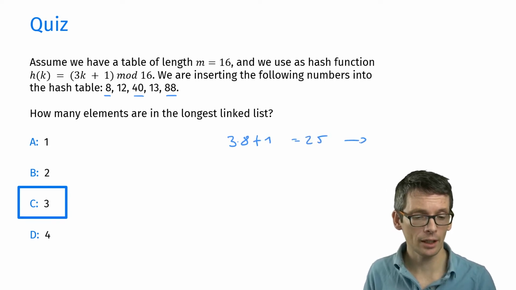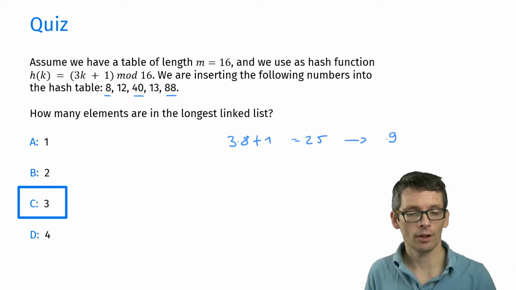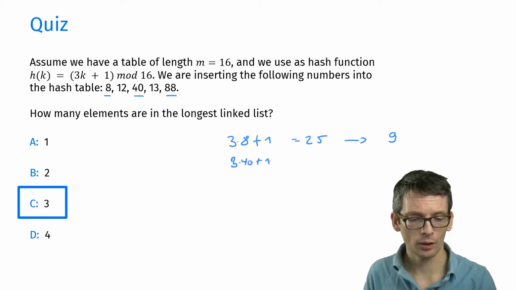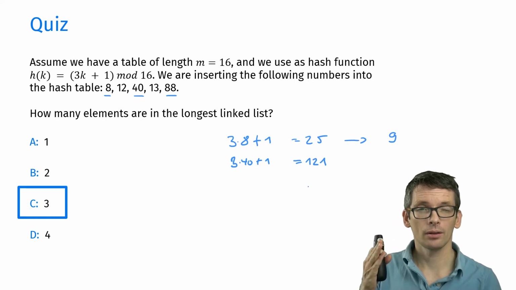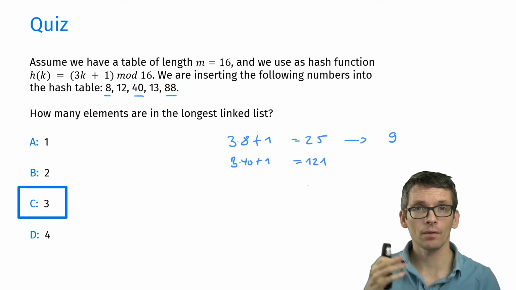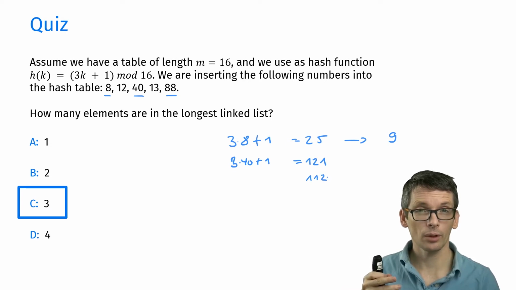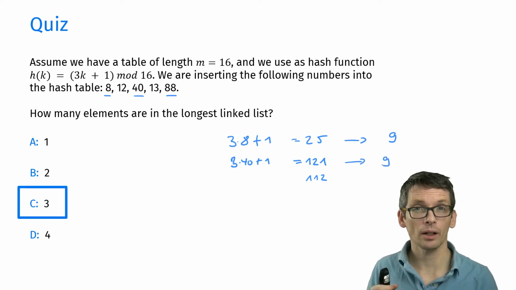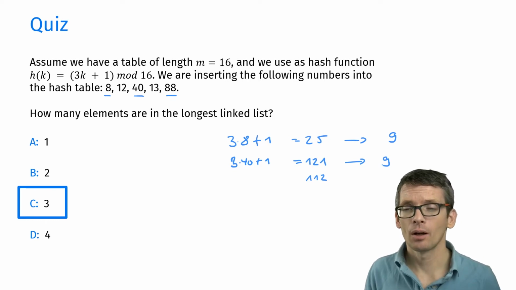Modulo 16 is 9, because 16 plus 9 is 25. 40, 3 times 40 plus 1, that is 121. Now, 16 times 7 is 112. So 112 is divisible by 16. 112 plus 9 is 121. So also 121 mod 16 is 9. And now you can do the same for 88.